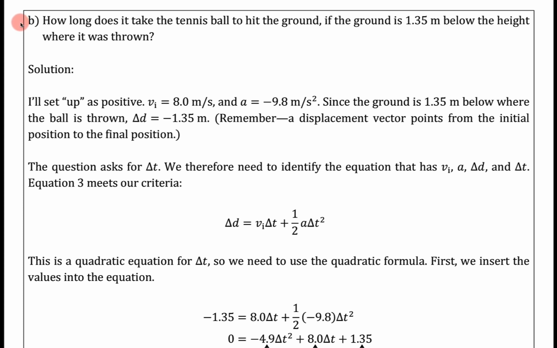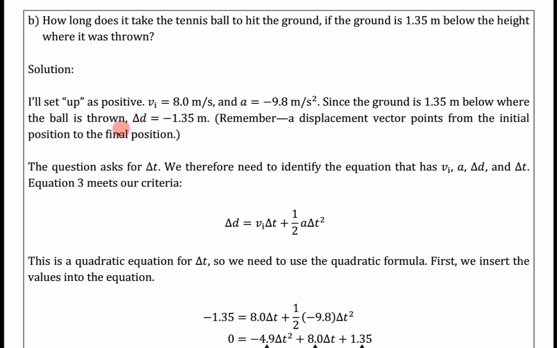All right, so part B asks, how long does it take the tennis ball to hit the ground if the ground is 1.35 meters below the height where it was thrown? Okay, as before, we're going to just write down what we know and go from there.